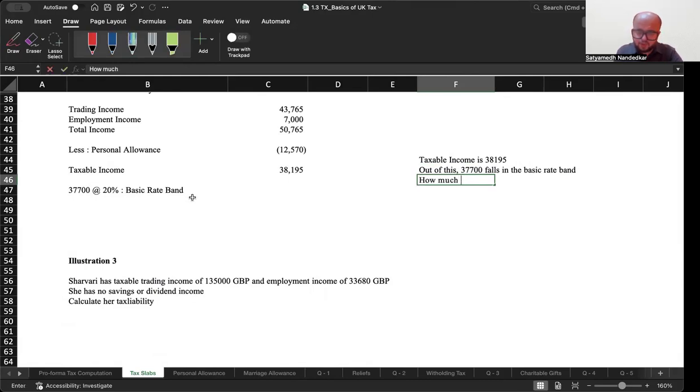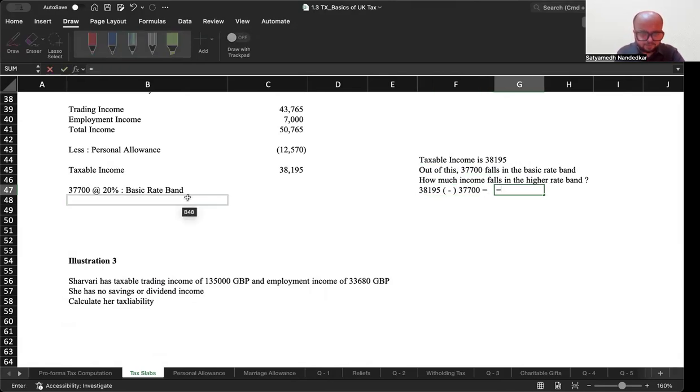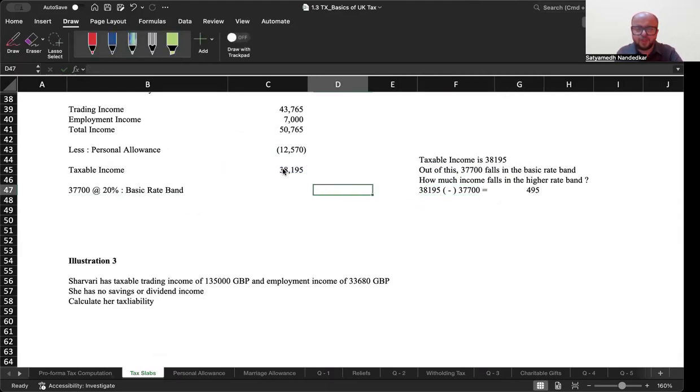Now, the question is how much income falls in the higher rate band. That will be 38,195 minus 37,700, which is 495.